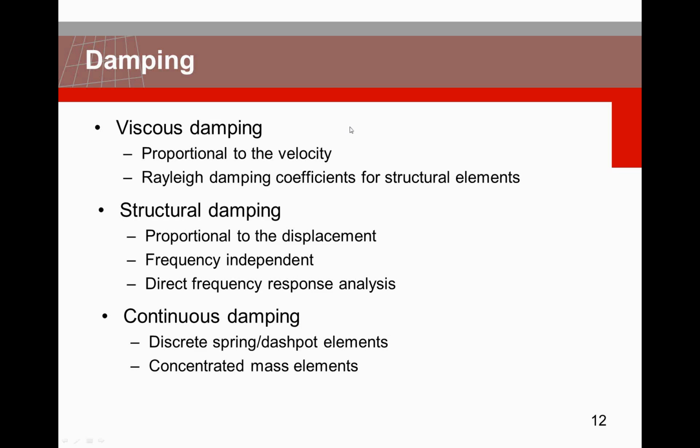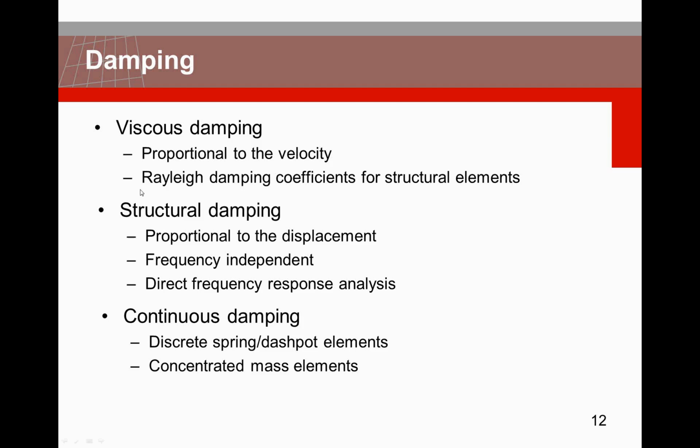The other thing that we have seen from the equation of motion is that in most cases there is damping in the system. We have several types of damping. The first one is the viscous damping, which is proportional to the velocity. That's also what we saw in this equation of motion, because it was C times U dot, where C is the damping matrix and U dot is the first derivative of the displacement, which is the velocity.